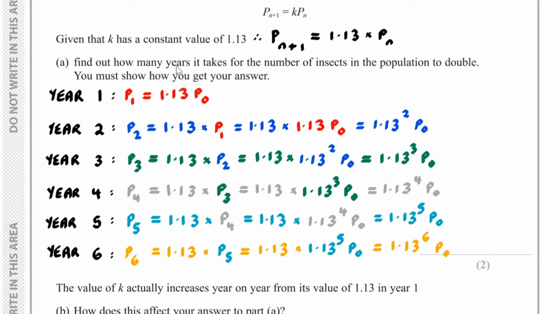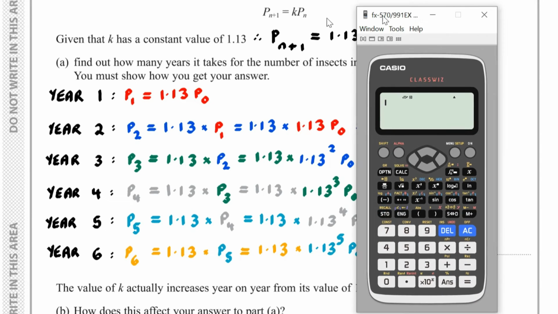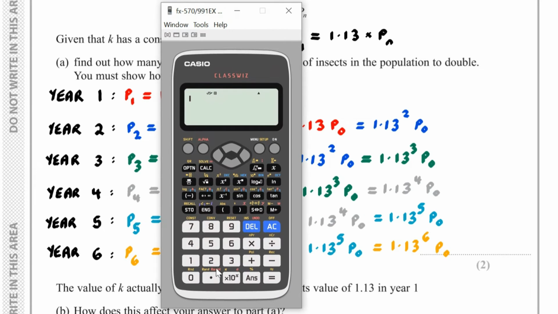Now what we're looking for over here is how many years it will take for the number of insects in the population to double. So what we are looking for is 2 times P0 essentially. So if I actually work out these values, 1.13 squared is equal to 1.2769 P0.